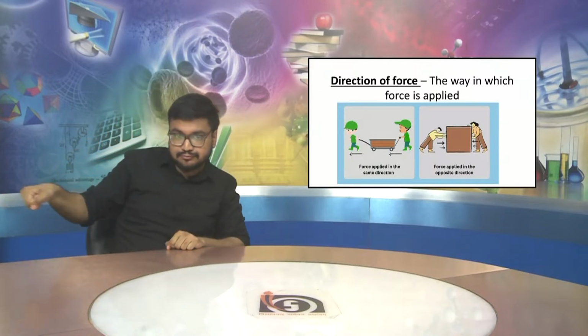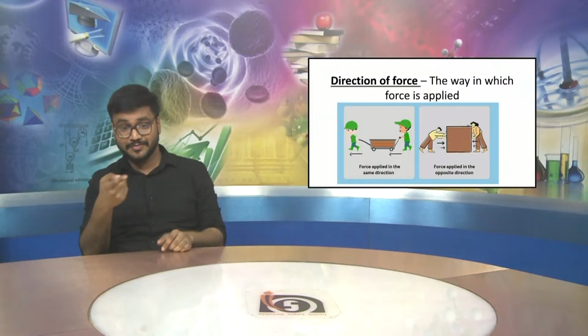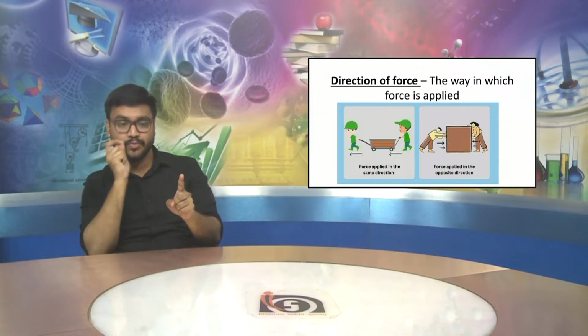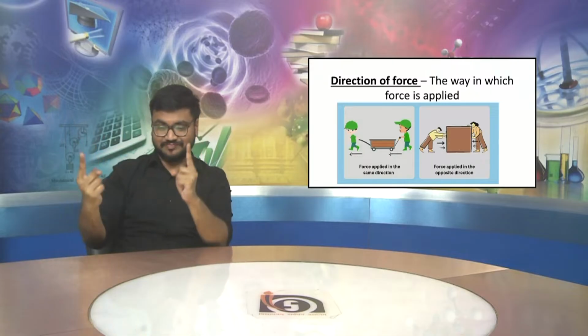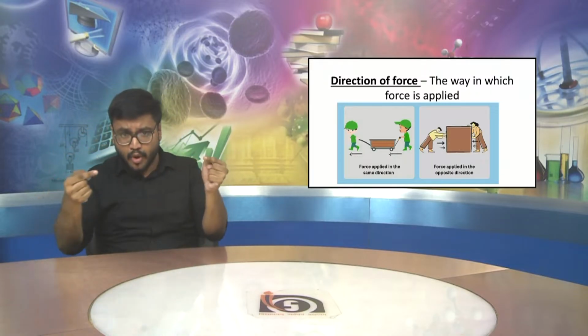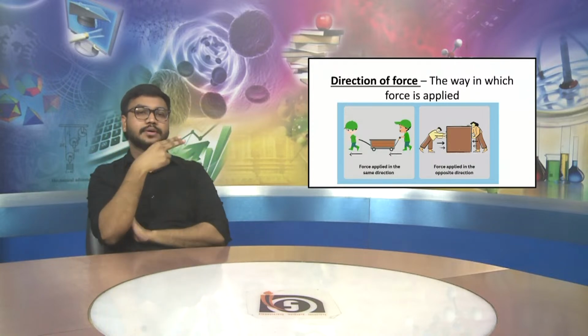One is pulling and the other is pushing the carrot. And in this, force is applied in the same direction. In the second picture, there are also 2 men who are pushing a box but in opposite directions.